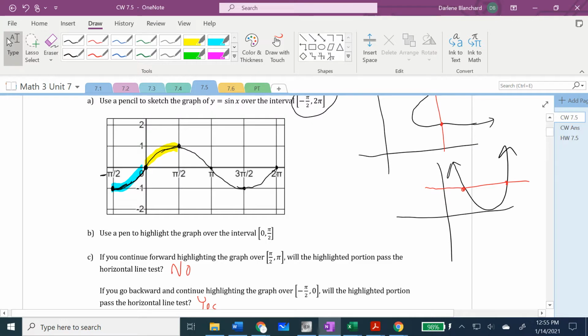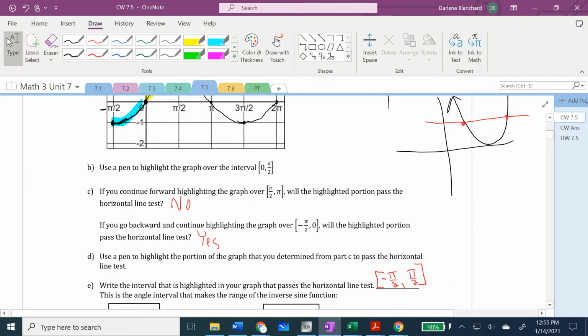That's the point of these first 6 pages, to literally see why what has been chosen for the angle range for each of the inverse functions is that chosen angle range. And this is reviewing your graphing and that kind of stuff.